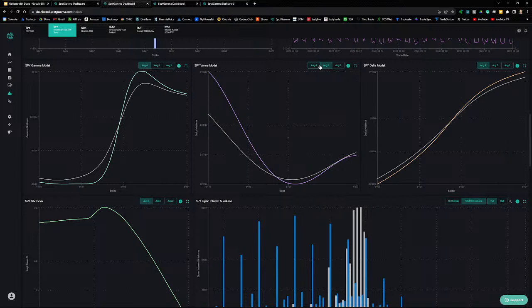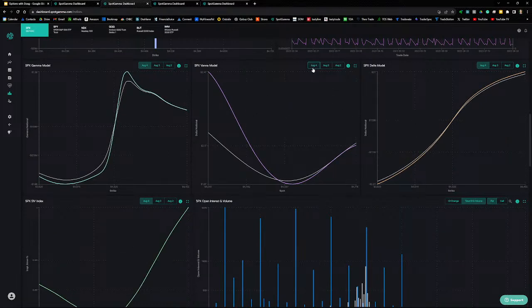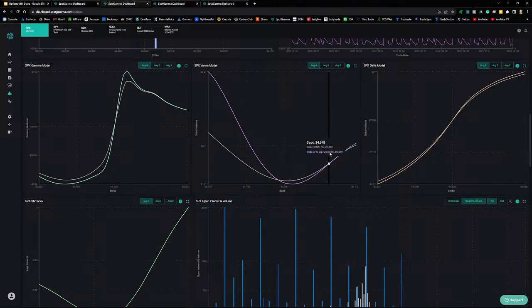Today, minus 1.9 billion. We'll take a look at SPX. So there's yesterday. Well, that's today. So a little bit of a change from yesterday to today.